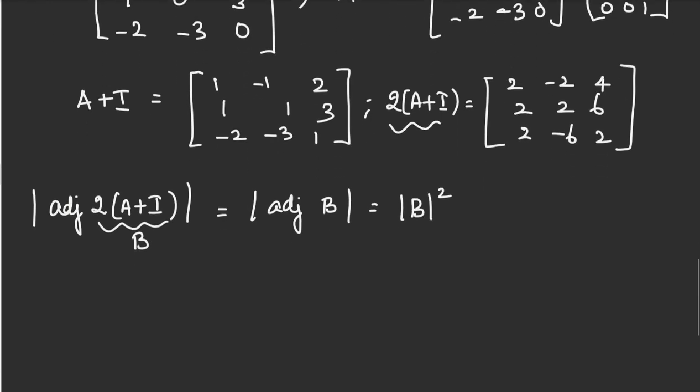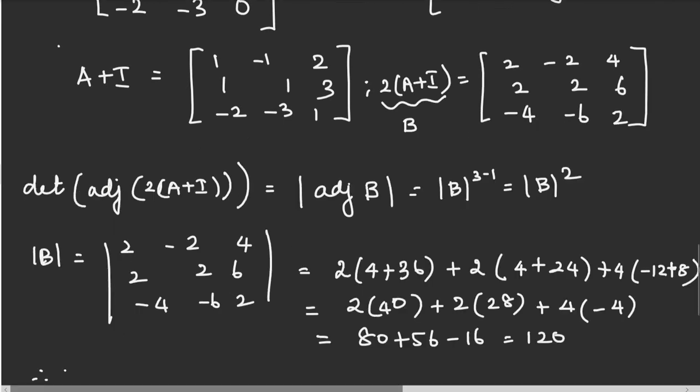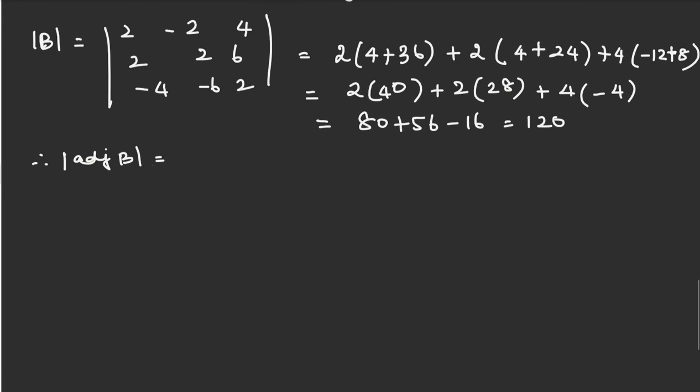Therefore, the determinant of B will be the determinant of [2 -2 4; 2 2 6; 2 -6 2], which is equal to 2 times of 4 plus 36, which is 120. So the determinant of adj of B is the modulus of B squared, that is 120 whole square.